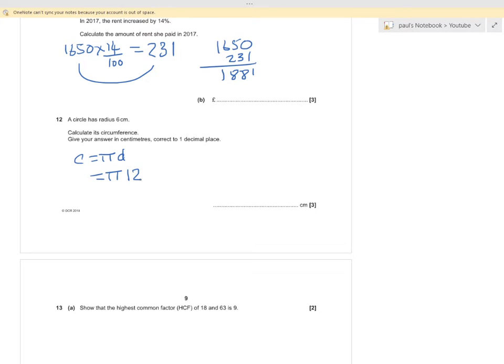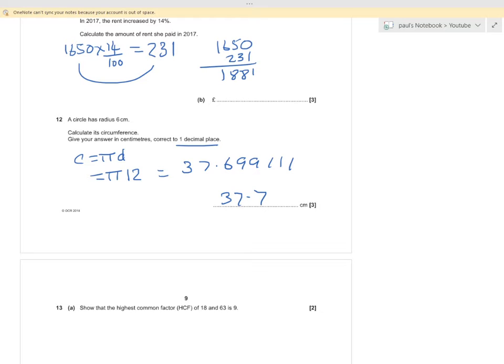Pi times 12 is 37.699111, and some more. We want 1 decimal place, so we're going to do 37.7.